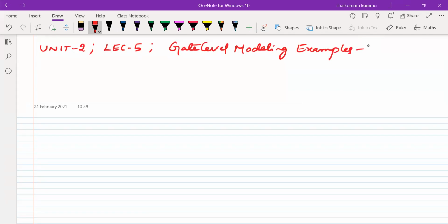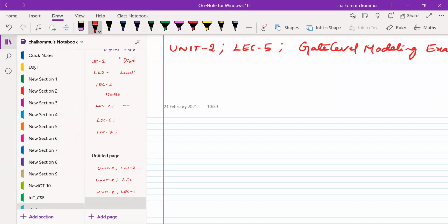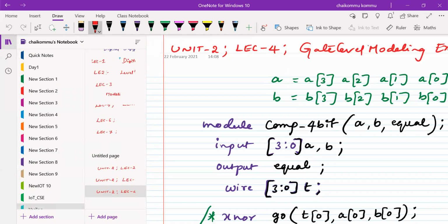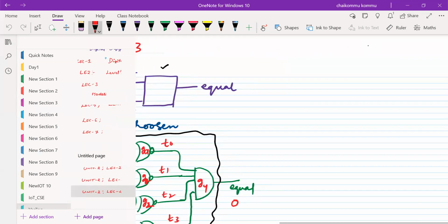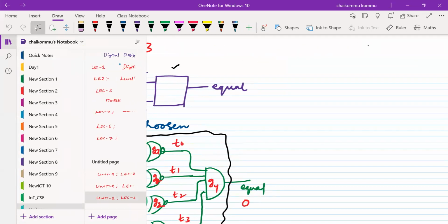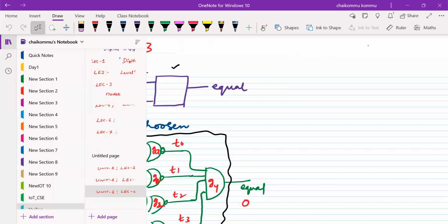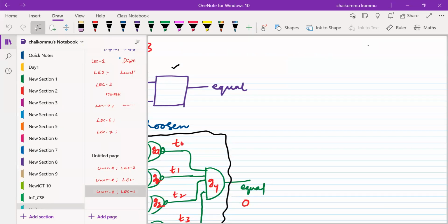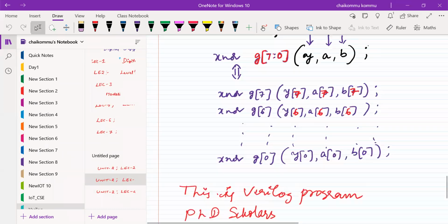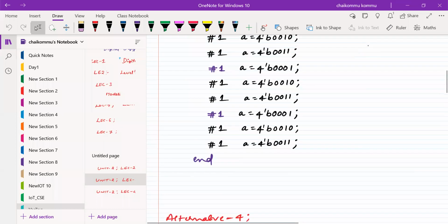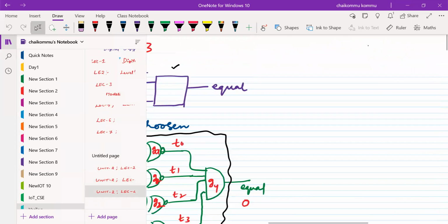I think it is 4 or 3. I think it is 3. Yeah, it is 4, right? It is 3, I think. 3.